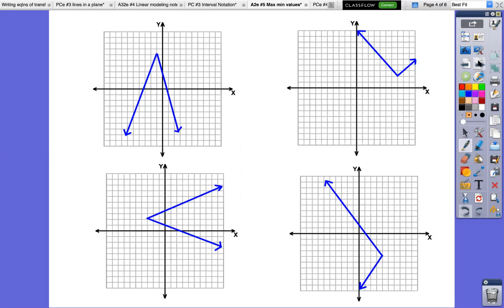Now, let's talk about this again. We're moving on to something with more boundaries, if you will. These should look kind of familiar, and these are a little bit different, but I want you guys again to see how this works.